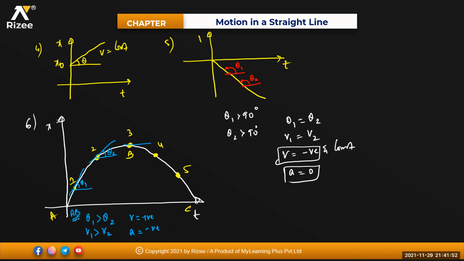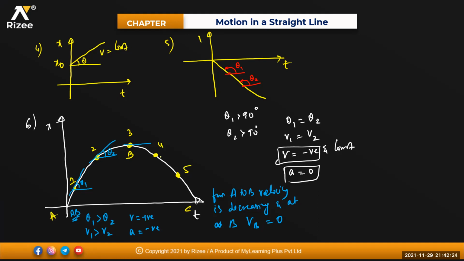This is from A to B. From A to B, velocity is decreasing, and at B, velocity at B will become 0. Clear? Yes, sir.